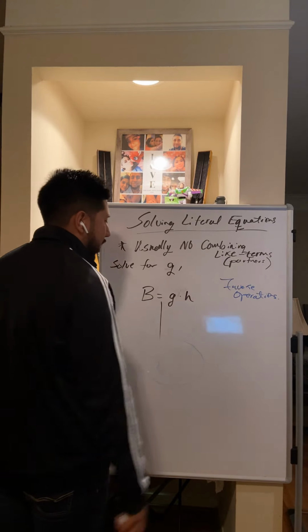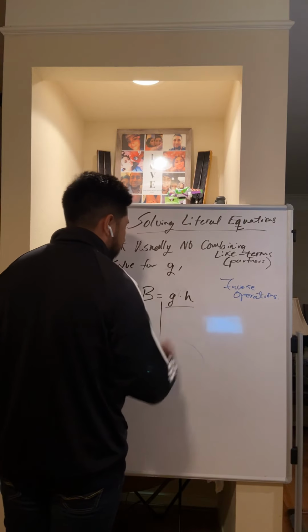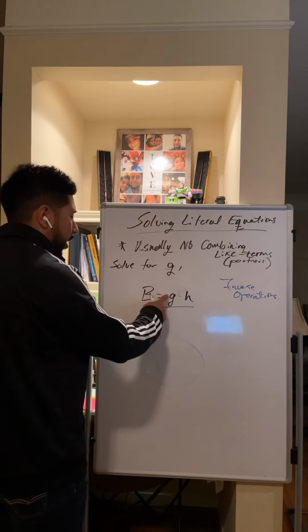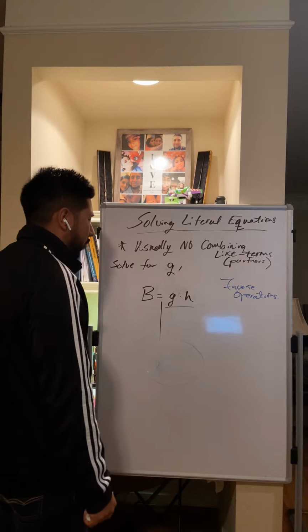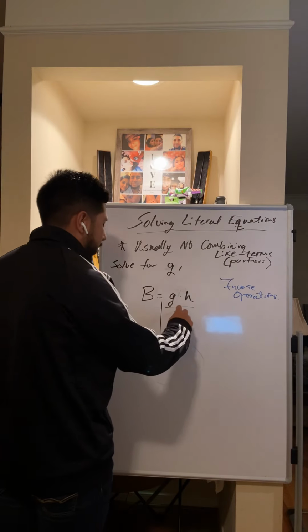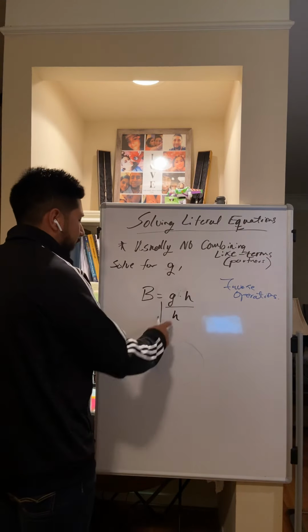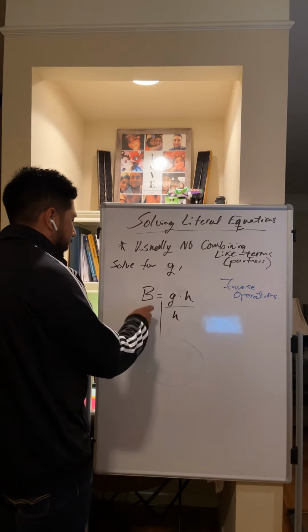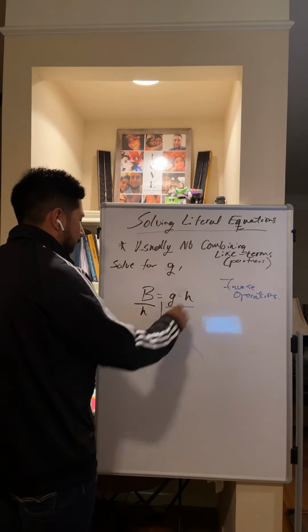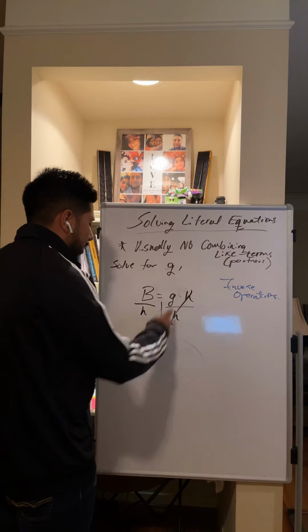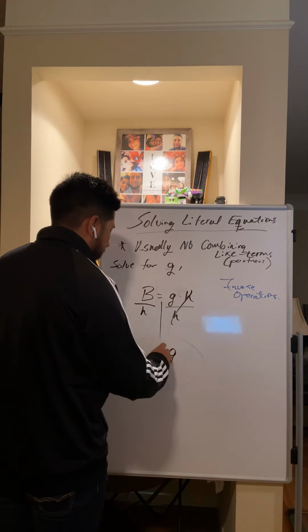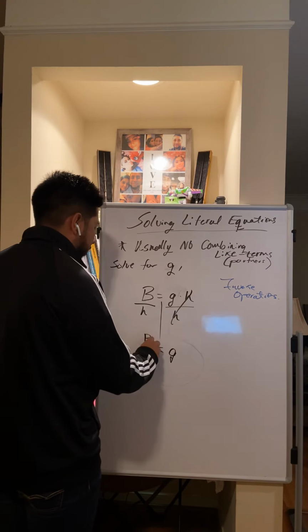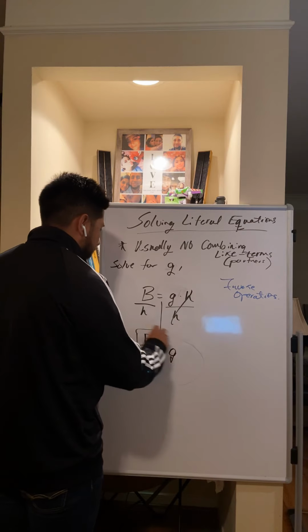Opposite of multiplication is division. Who am I dividing by if I want G by itself? Ask yourself real quick. Yes, you're right. It's H. Since I divided by H on the right side, don't forget to do it to the other side. Those are going to cancel out. Now I have my G by itself with B over H.